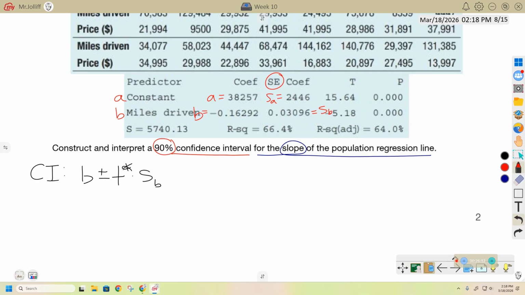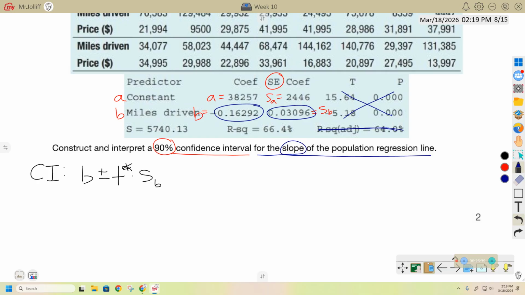So everything I need for this interval is in that second row. Here is my b, here is my SB. They are giving me the information. You will notice we're never going to touch these four for confidence intervals. Those have to do with something else, which we'll talk about next week. Not next week, week after next. R-squared adjusted, we're never going to use.